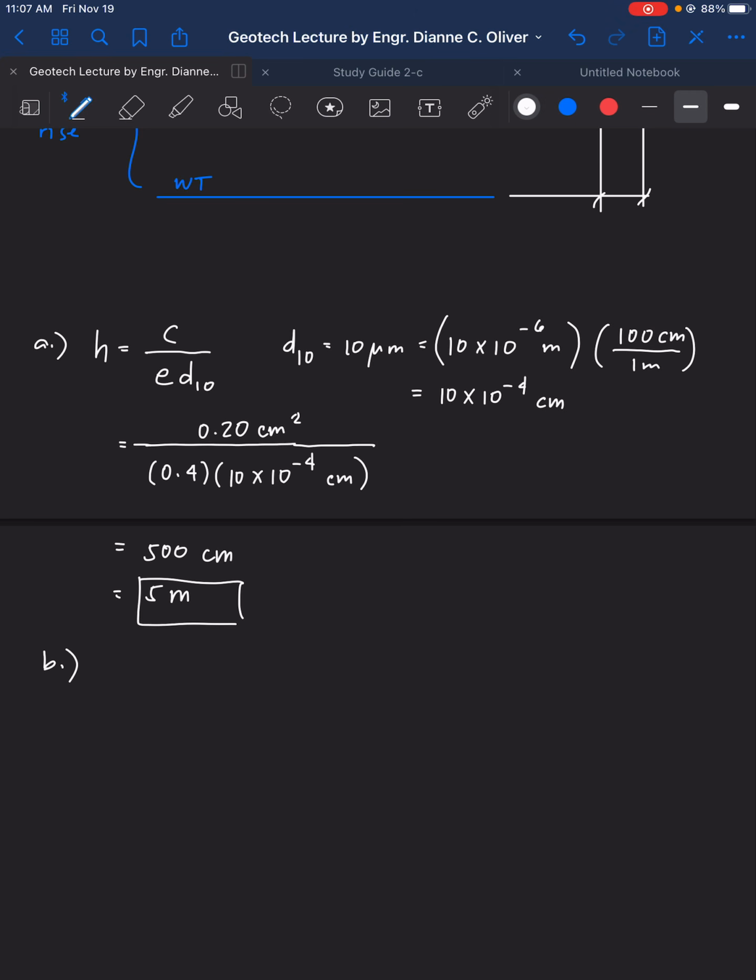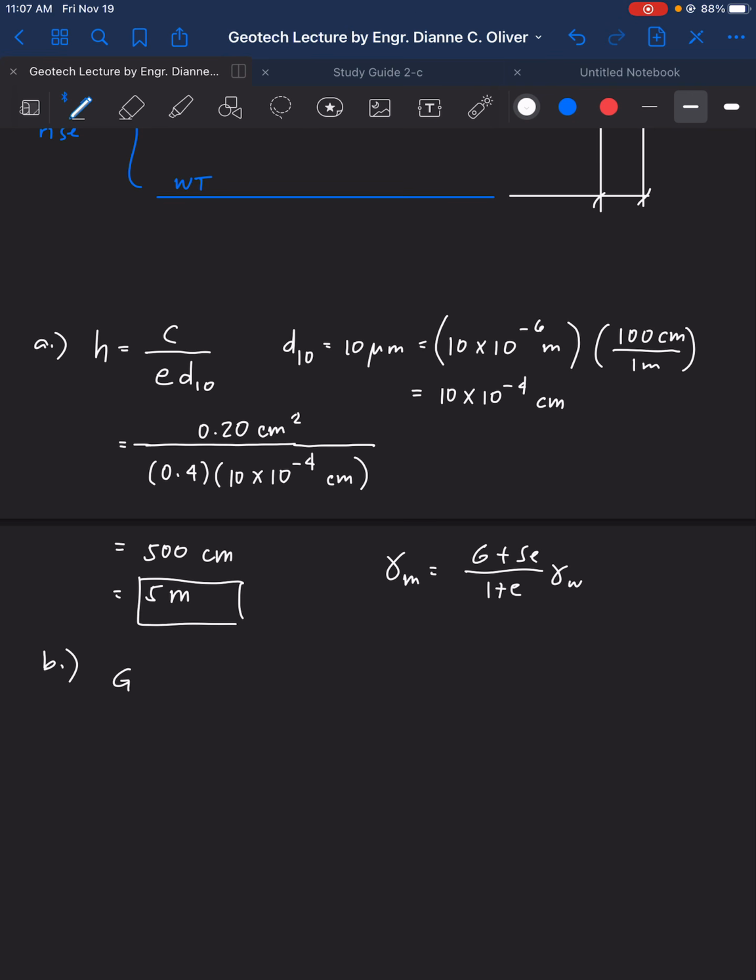What is missing from the formula is the specific gravity. So gamma M is equal to G plus SE over 1 plus E times gamma of water. So we are missing a specific gravity, and we can solve that with the given unit weight of the solids.